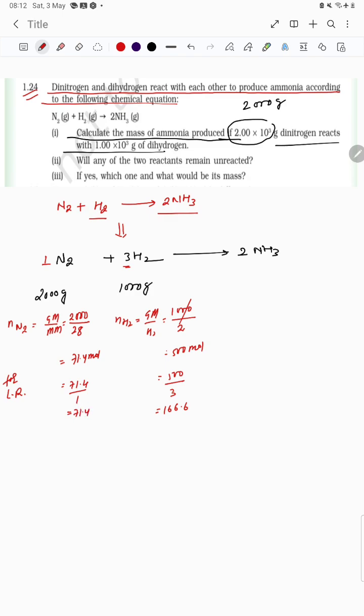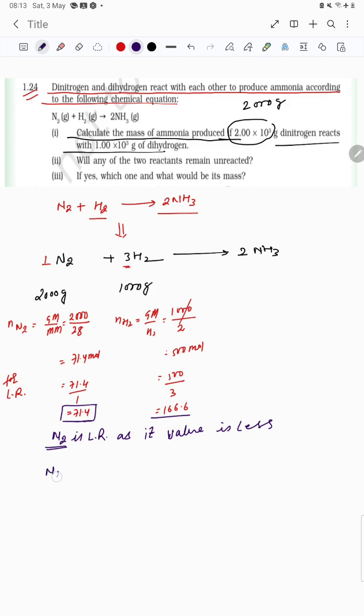Now student, the lowest value is the limiting reagent. So N2 is the limiting reagent as its value is less. This limiting reagent will finish first, so we have to use this in the calculation.